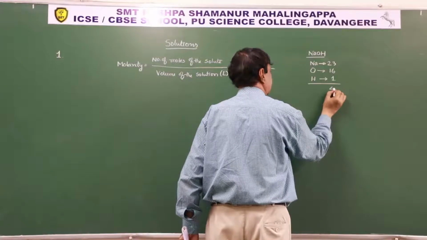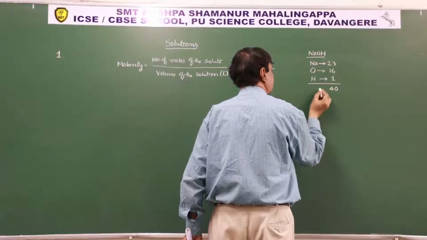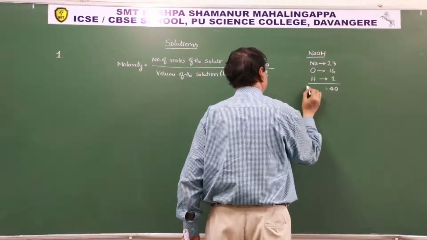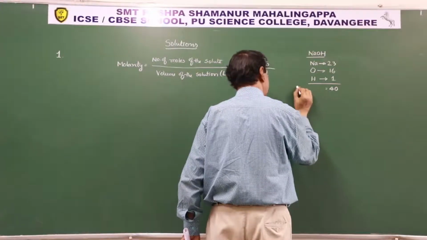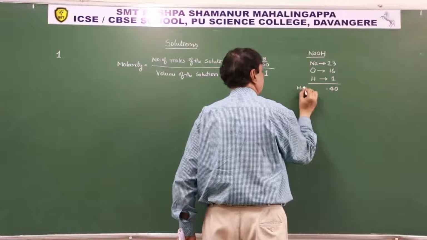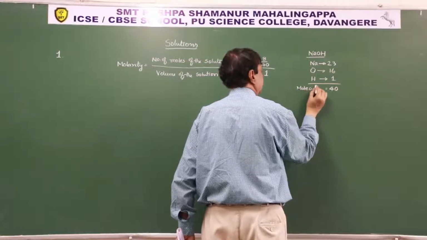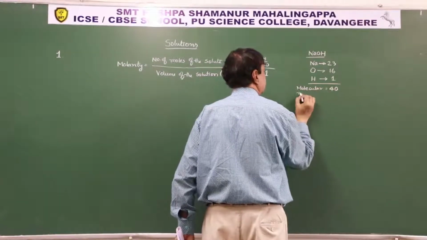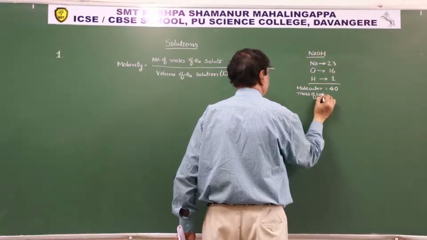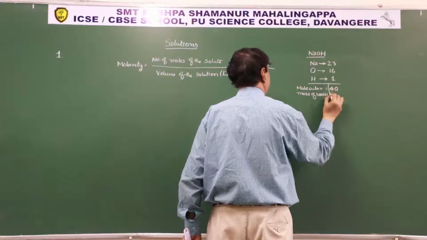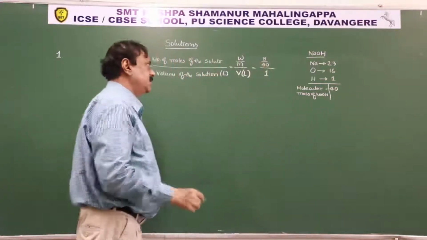The total mass is found to be 40. That is called the molecular mass of sodium hydroxide, NaOH, that is 40.